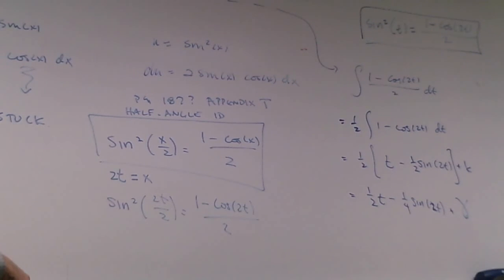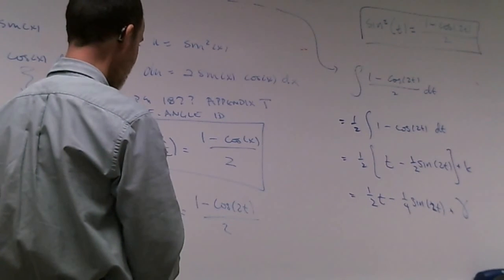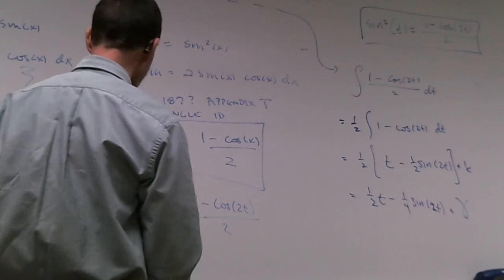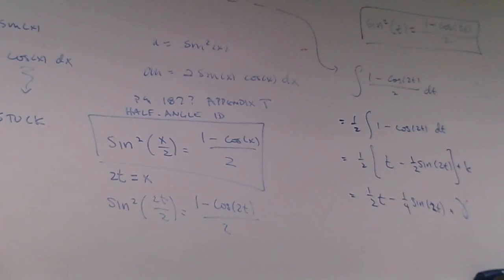Can I ask a question about the identity? Mm-hmm. If you didn't change it to 2t, where does the 2 come from? Because I know sine squared x plus cosine squared x is 1, so I see how that's 1 minus cosine squared x. Oh, because it's x over 2, I'm sorry.